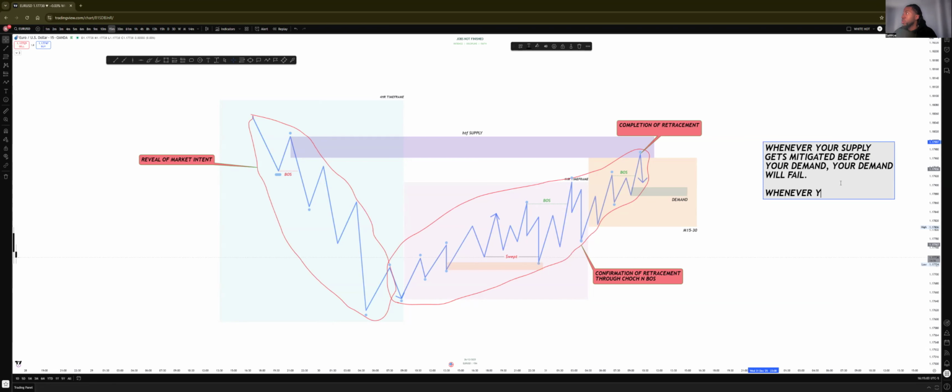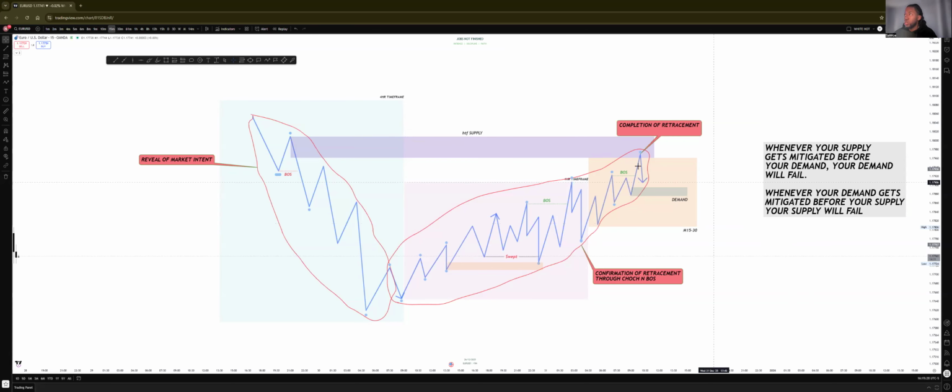Whenever your demand gets mitigated before your supply, your supply will fail. Okay? It's that simple. It's just that simple.